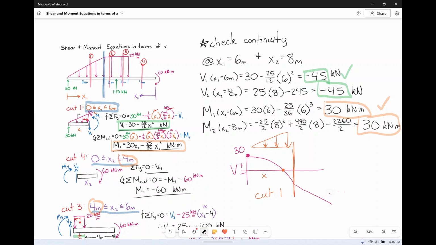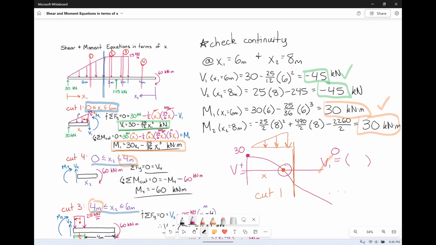So if I want to find this spot right here where it crosses 0, all I need to do is take that shear equation in terms of X, and set shear equal to 0, because that's what's happening.